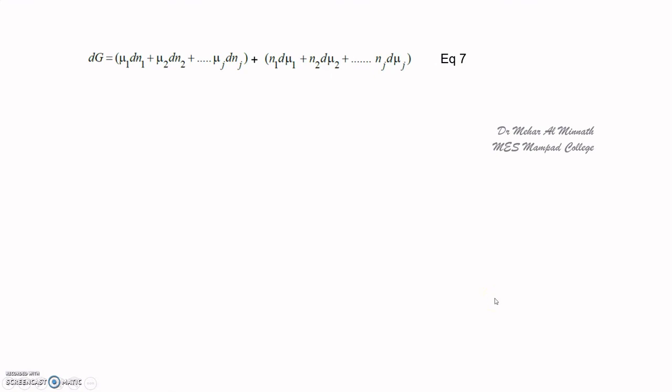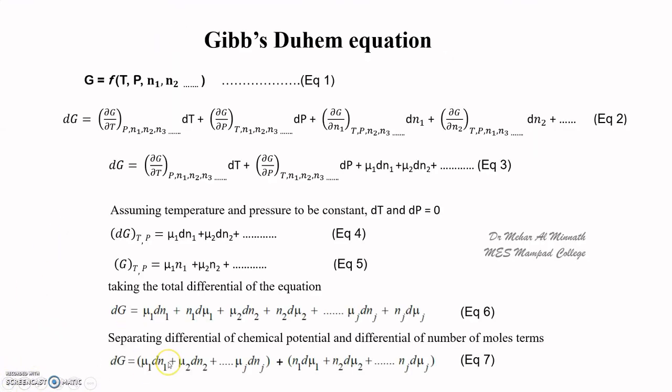Now, if you compare equation 7 and equation 4, equation 4 says dG equals mu1 dN1 plus mu2 dN2. And equation 7 says dG equals mu1 dN1 plus mu2 dN2, etc., plus N1 d mu1 plus N2 d mu2.